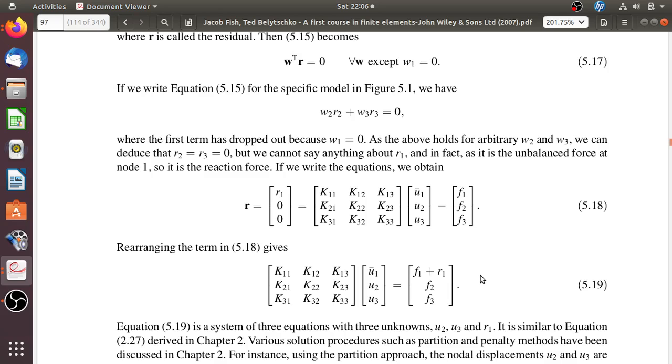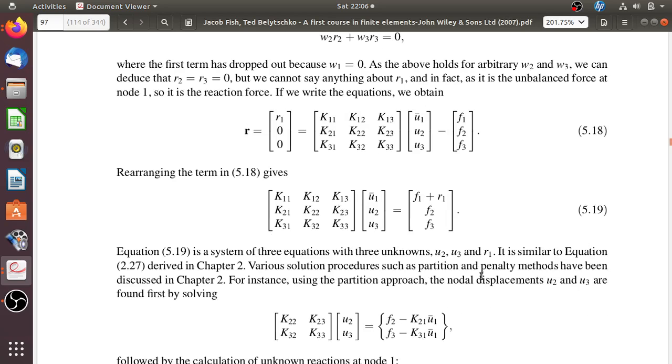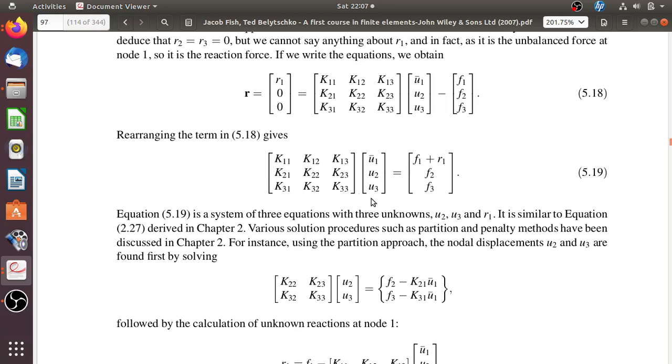I am going to solve using the following procedure. So I am just going to consider a matrix corresponding to the unknown displacements. Okay, so this is the known displacement, so I am going to omit that part.